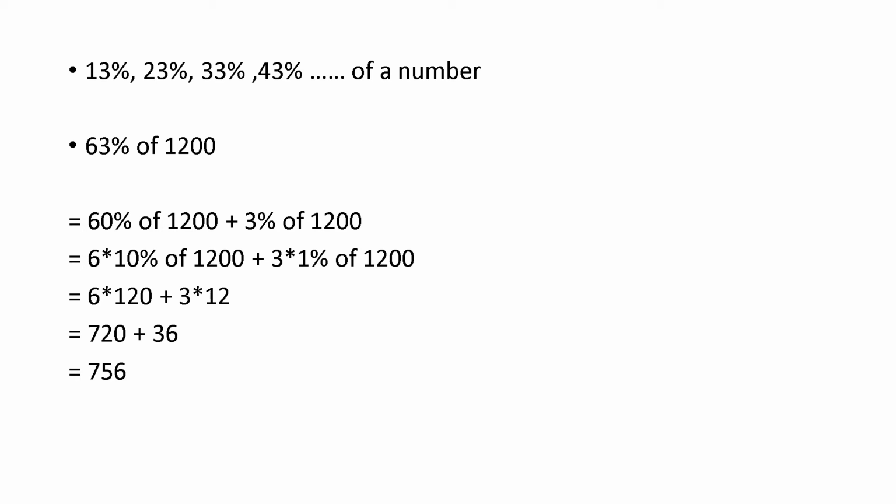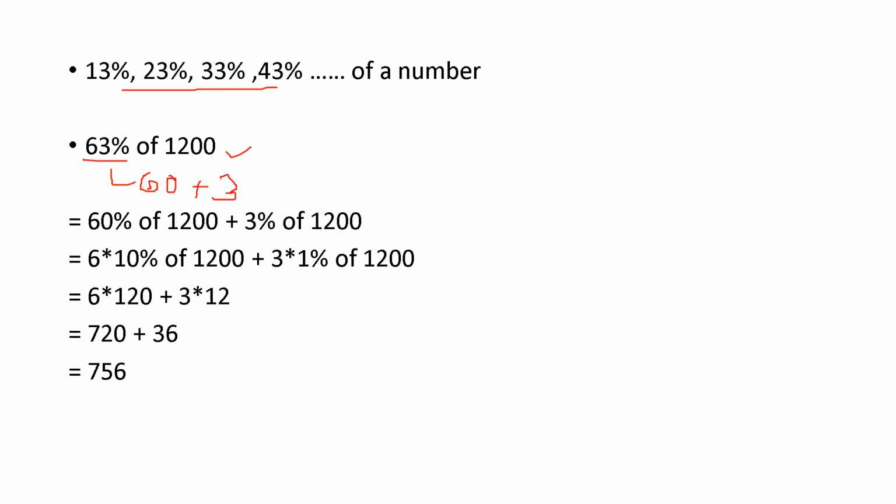Now 13, 23, 33, 43 and so on percentages of the number. Same way, example 63% of 1200. 63 means 60 plus 3. Okay, what is 60? 10 into 6. What is 3? 3 into 1.